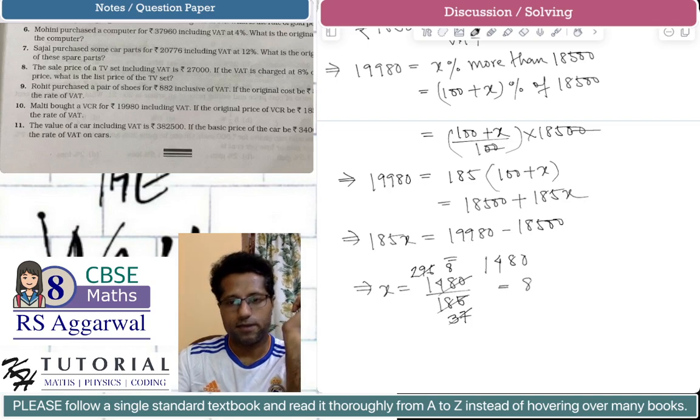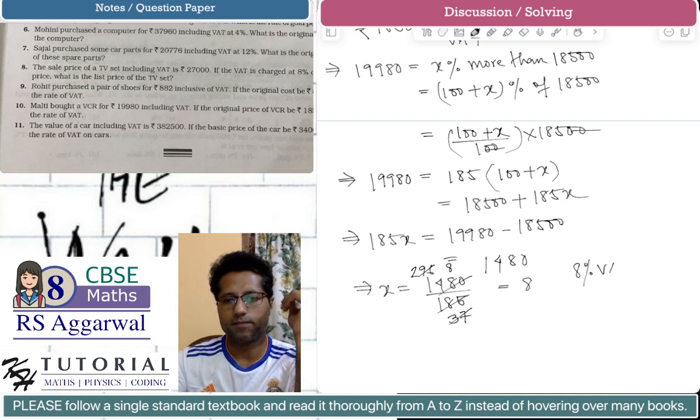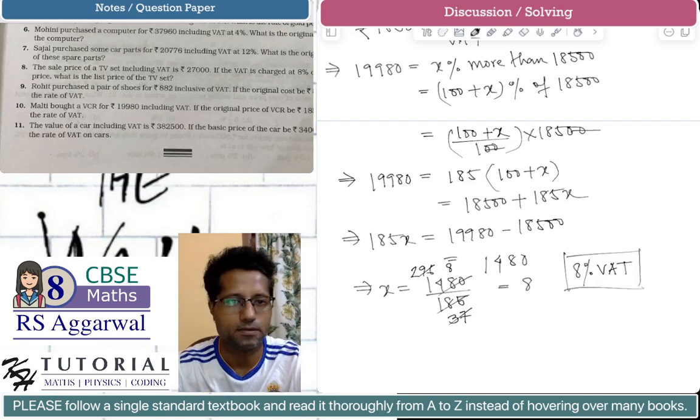So x is 8. So therefore, the rate of VAT is 8% VAT. So the answer is 8% VAT.